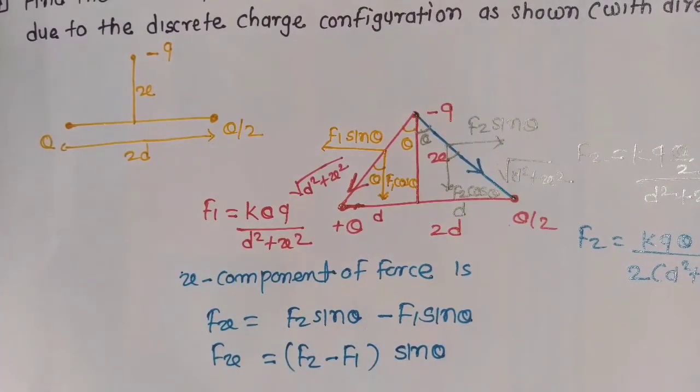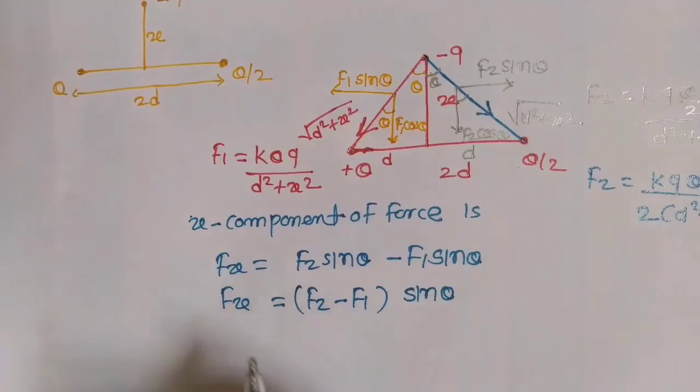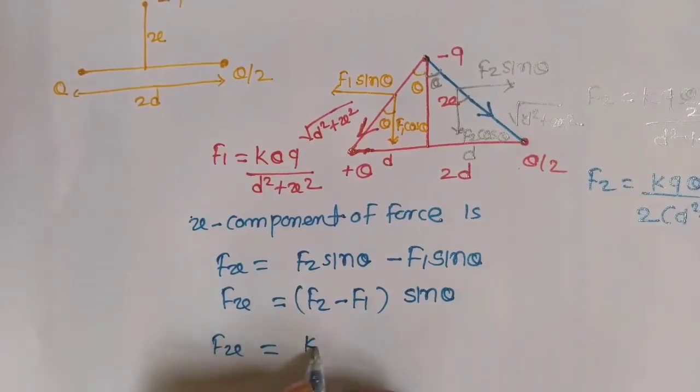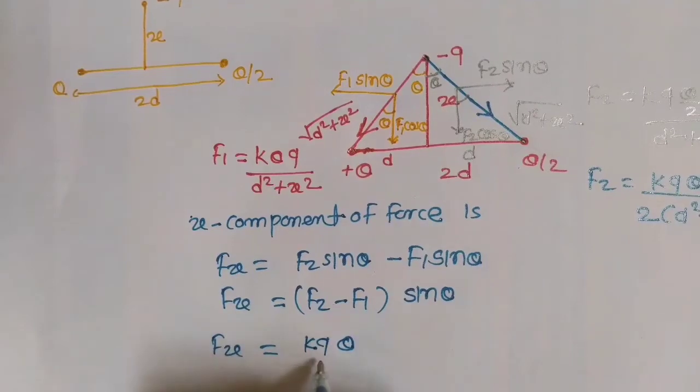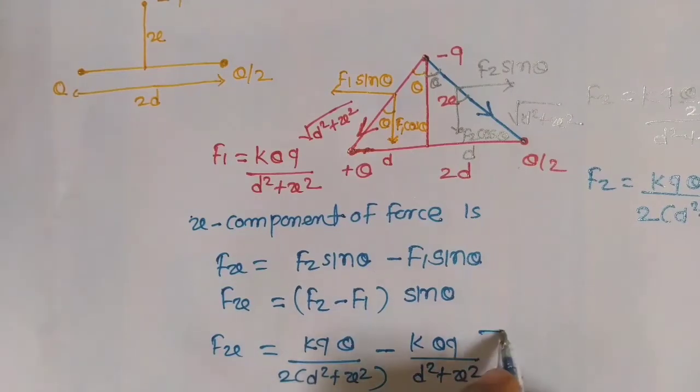OK, put the values of F2 and F1. Fx is equal to, F2 is k q upon twice d square plus x square, minus F1 is k q upon d square plus x square, into sin theta.